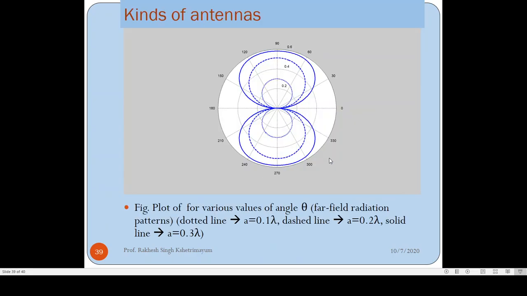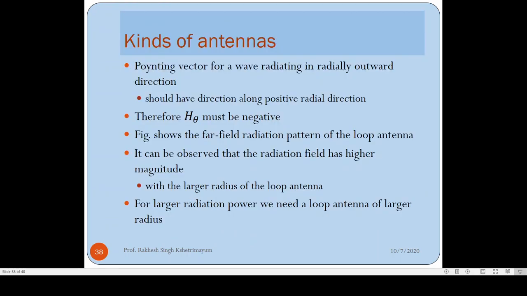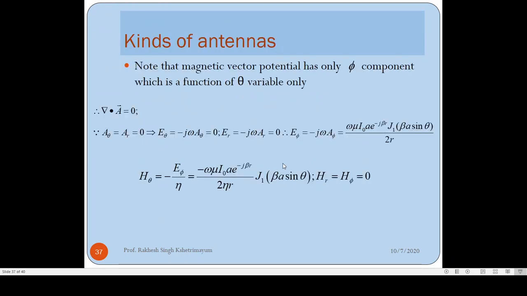So this diagram here shows the radiation pattern of the loop antenna. What was the expression? Electric field E phi is dependent on theta, so it's independent of phi. So in the H plane, the electric field will have a constant value for any value of phi, so you will have a circle.